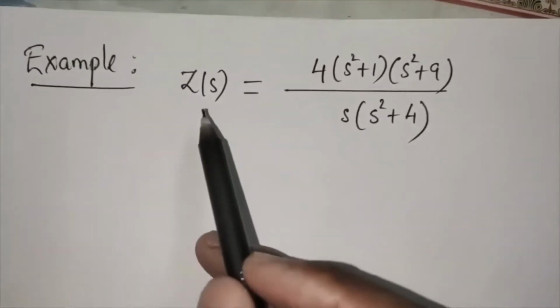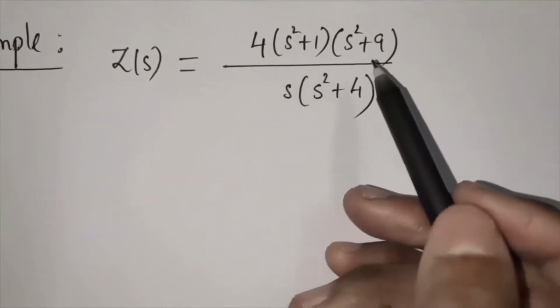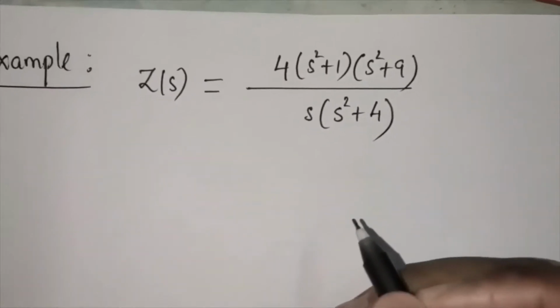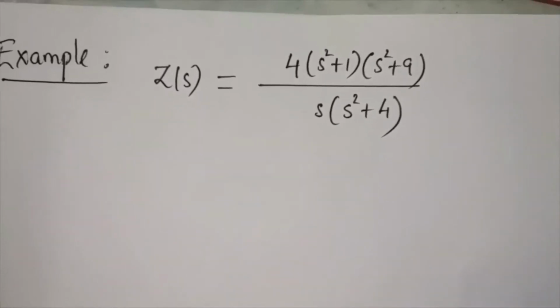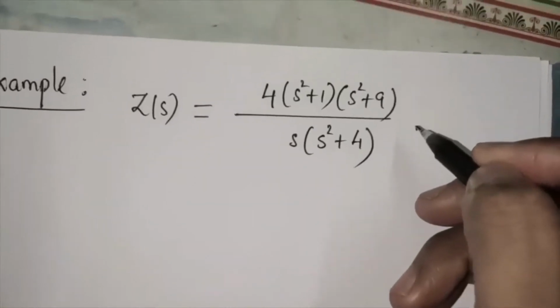So Z of S is given as 4 into S squared plus 1 into S squared plus 9 divided by S into S squared plus 4. First we should check whether this belongs to an LC function.